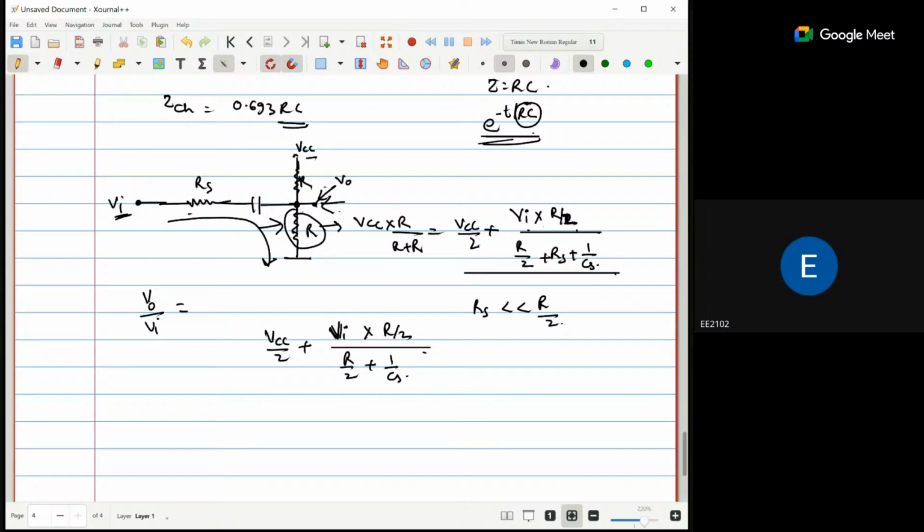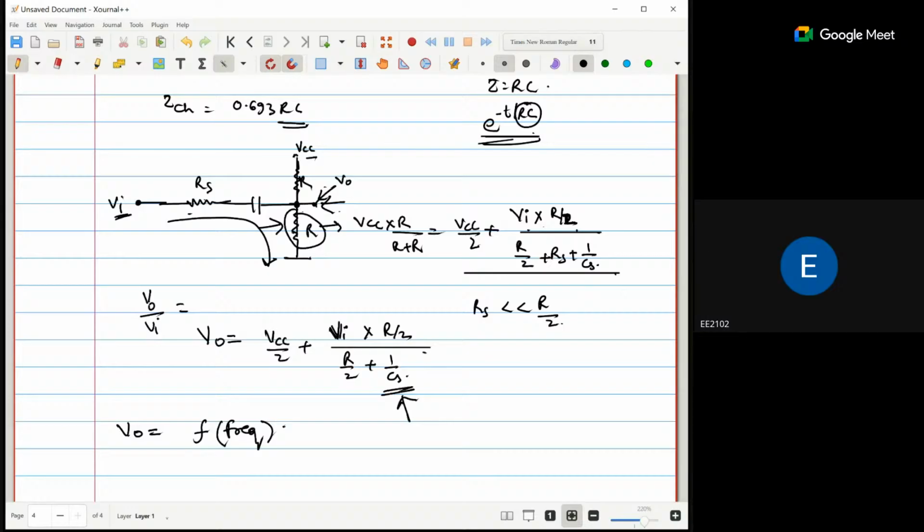And because of this CS component, that particular output voltage is a function of frequency. So that particular V out is a function of frequency.